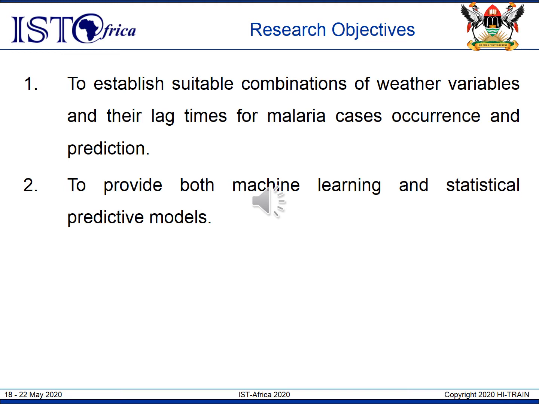So it is always after the temperatures go high and it is a bit warm, that's when mosquitoes breed more. So we decided to try out the different predictive models using both lagged and unlagged to see which one could predict better. And as we see from the results, the lagged model was a better predictor of malaria cases.